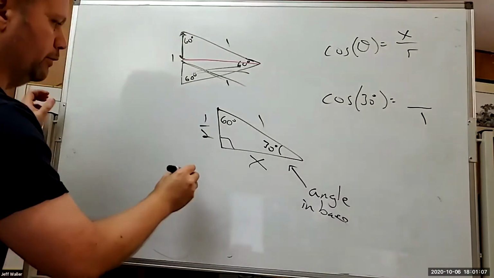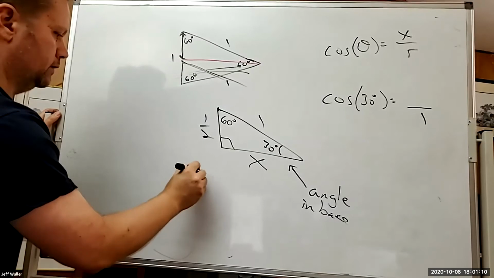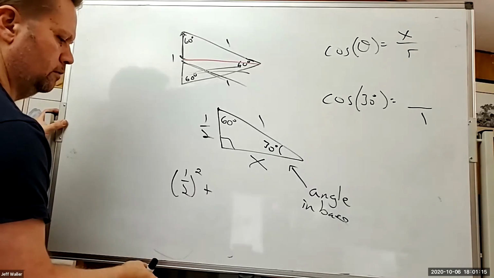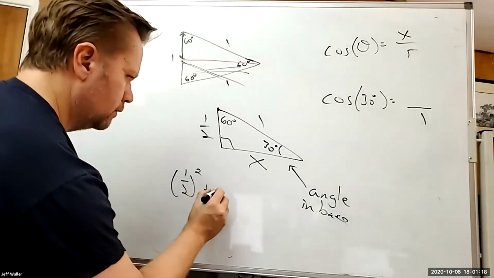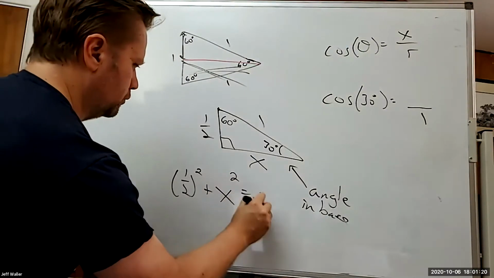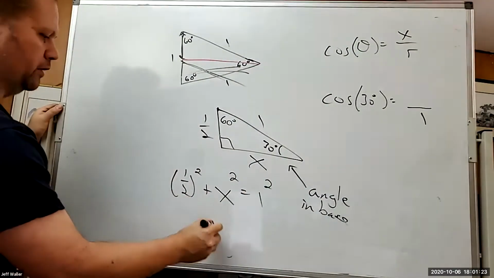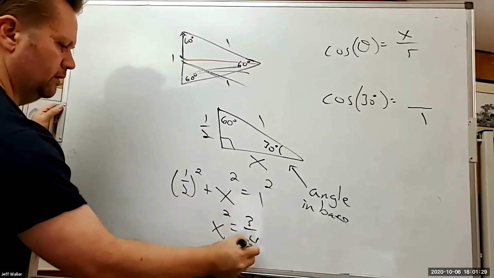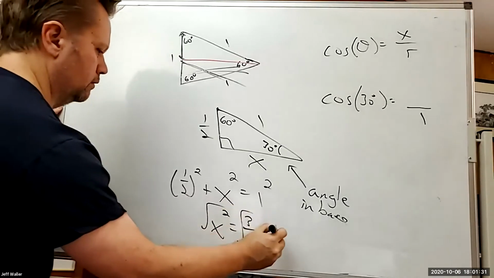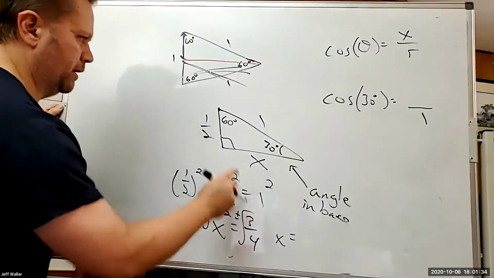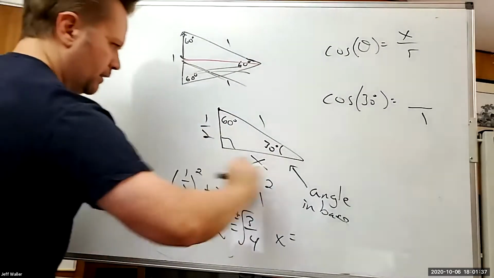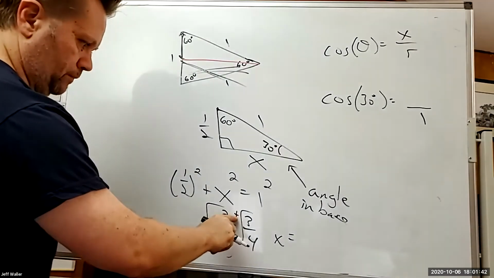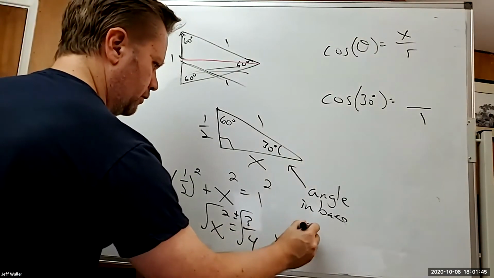So that would say 1/2 squared plus X squared equals 1 squared. So that's 1/4. If I subtract 1/4 from 1, I get 3/4. And then if I take the square root, we're going to pick the positive one because this is physically a length, but the negative is going to come into play later. So I'm going to get square root of 3 over 2.